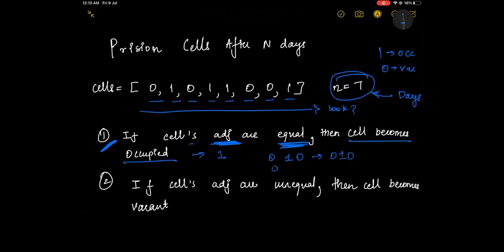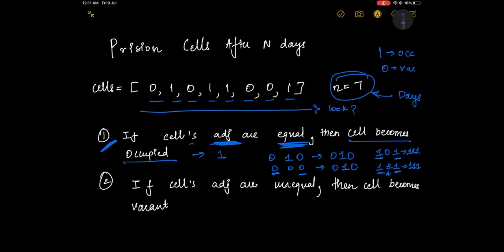If I have 0 0 0, then it goes to 0 1 0, because 0 and 0 are the same. What if it's 1 0 1? Then it becomes 1 1 1, because these two are the same. And 1 1 1 remains as it is because these two are the same and it is already occupied.